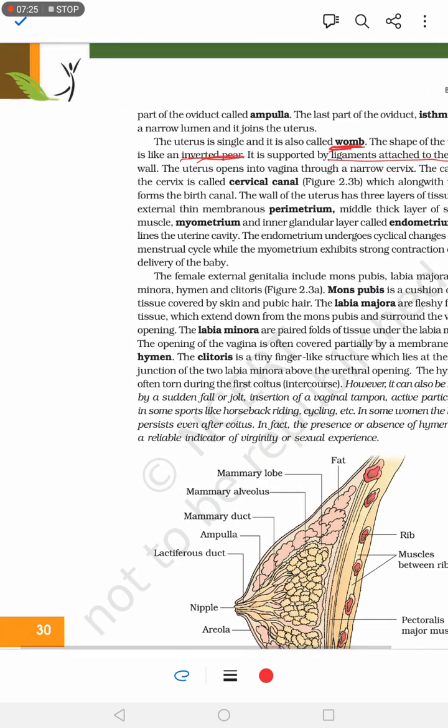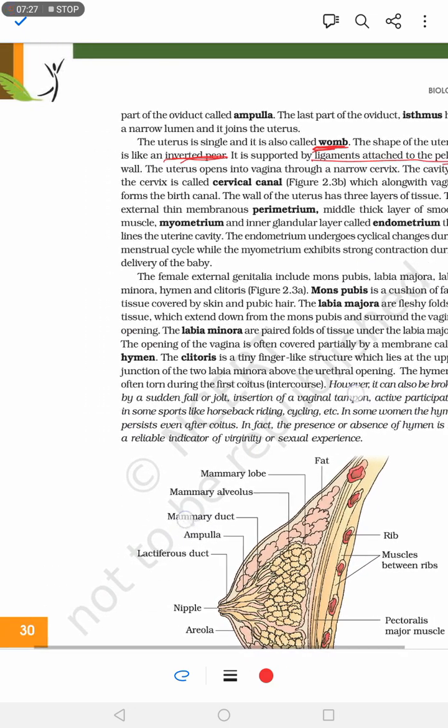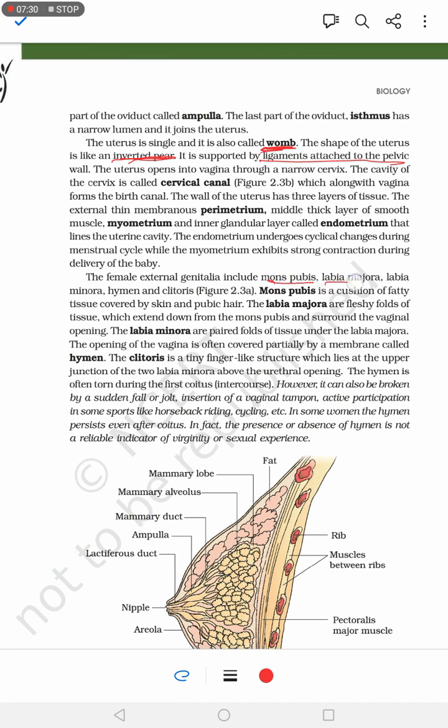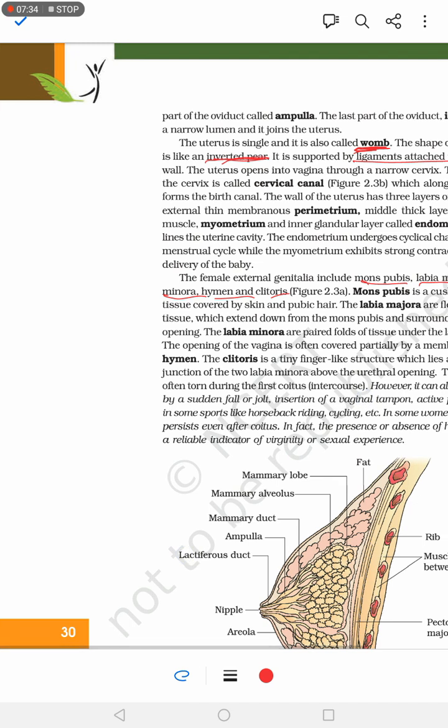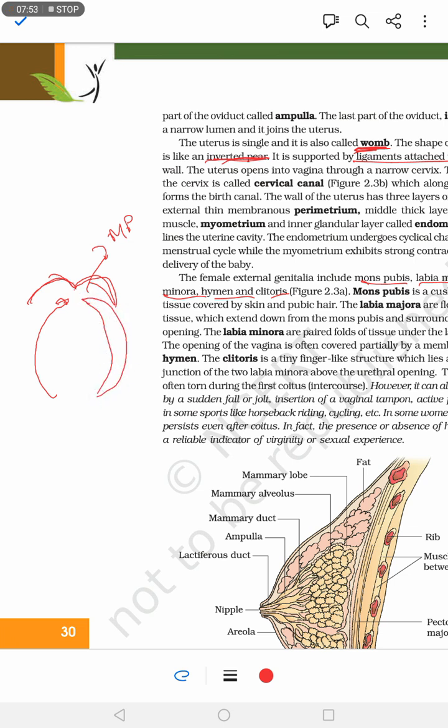So coming to the female external genitalia. Female external genitalia has the mons pubis, labia majora, labia minora, hymen, and clitoris. So how will we remember this? This fatty cushion covering the pubic symphysis is the mons pubis. Just below that there is a fold of skin which is covering the vaginal opening. This will be the labia majora.